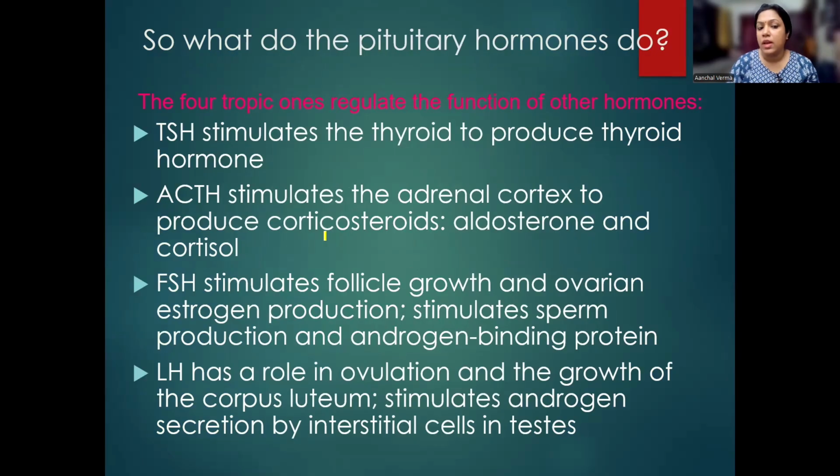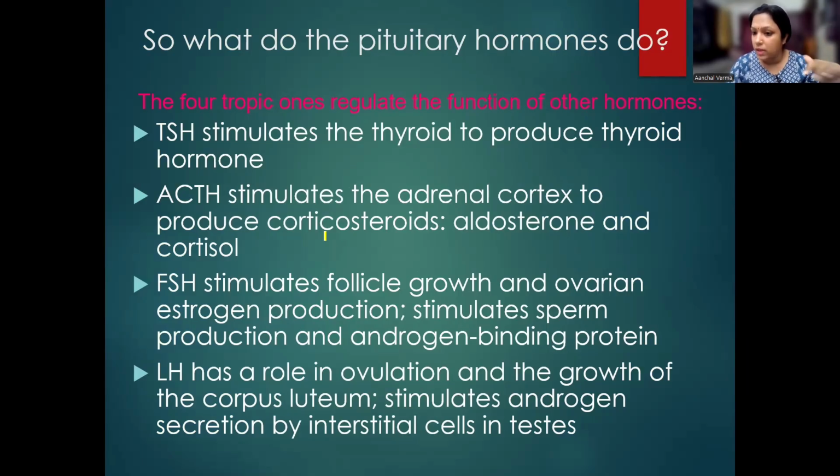TSH stimulates thyroid to produce thyroid hormone. ACTH stimulates adrenal cortex to produce corticosteroid and aldosterone and cortisols. Follicle stimulating hormone helps in the follicle growth and ovarian estrogen production, stimulates sperm production and androgen binding proteins. LH plays a very important role in ovulation.